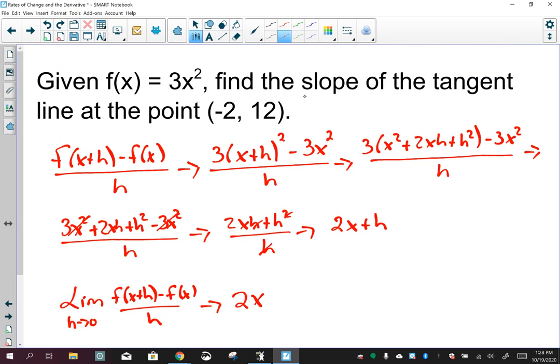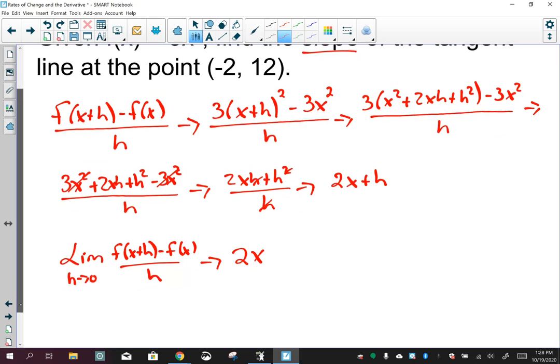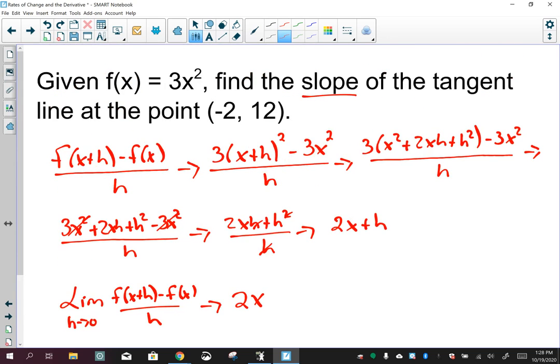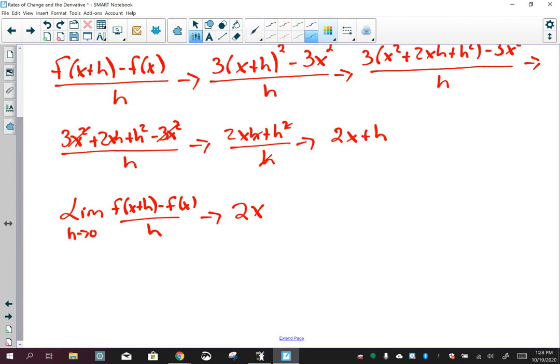Now I want to find the slope of that. So then I'm going to use this point right here. So then I say 2x. Well, that turns into 2 times negative 2. And that turns into negative 4.